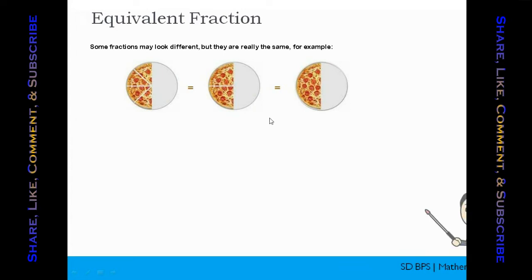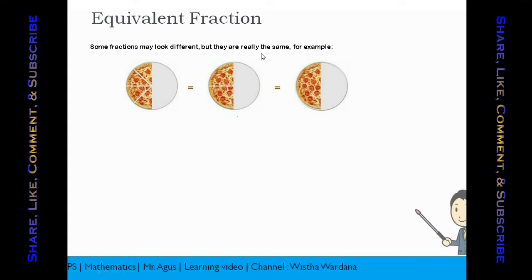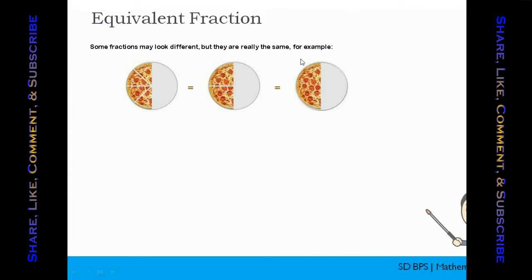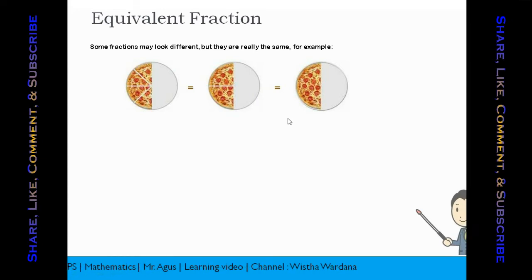The second figure, we have 2 parts from the 1 unit pizza that divided into 4 equal parts. The third figure, we have 1 part from the 1 unit pizza that divided into 2 equal parts.